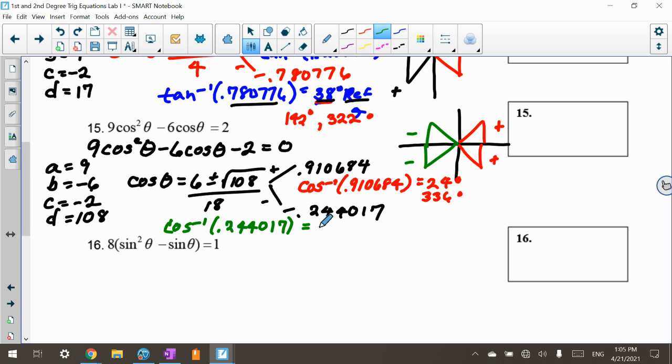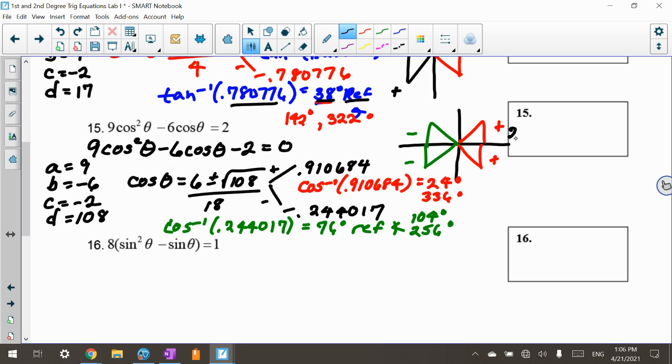When I do that, I get 76 degrees is my reference angle. Then I'm going to use that to subtract it from 180 and add to 180. And when I do, I get 104 degrees for quadrant 2, and then I get 256 for the one in quadrant 3.